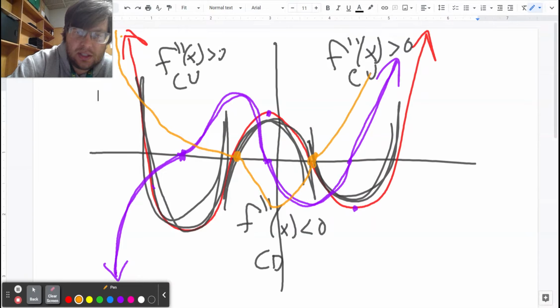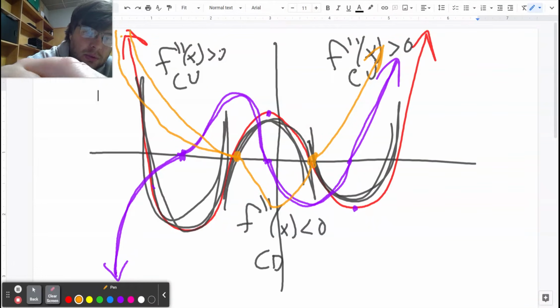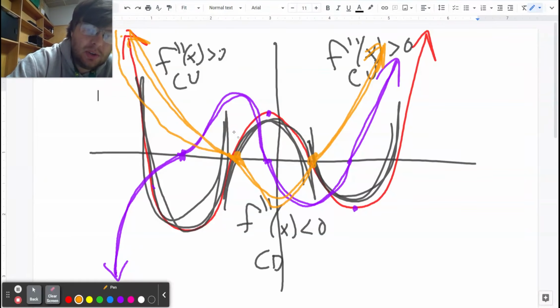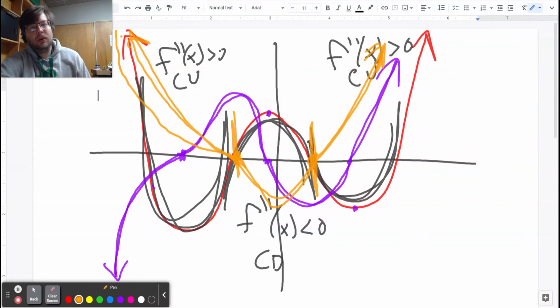And then it's increasing there on out. So it probably would look a lot smoother, something more like this. But the point is that if you notice where I drew my concave up and concave down boundaries matches where my orange graph is above or below the x-axis.